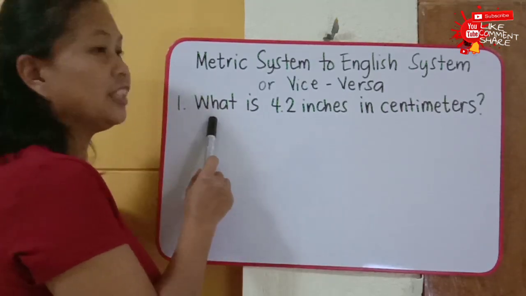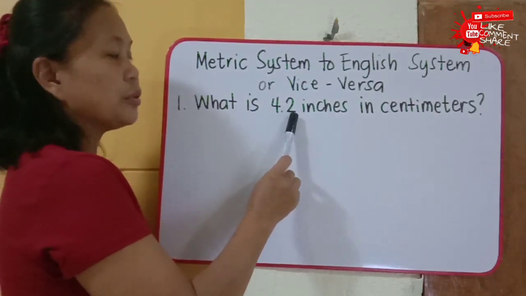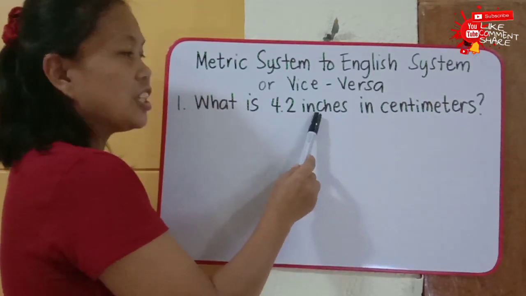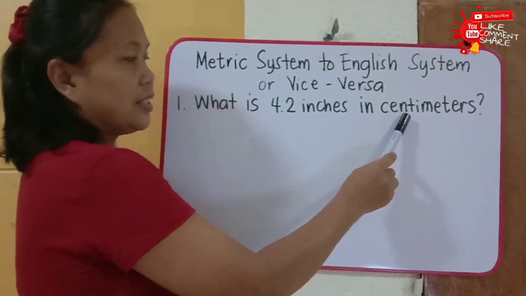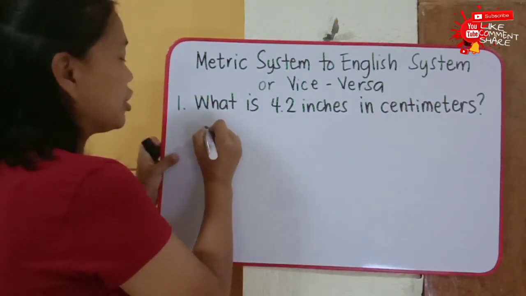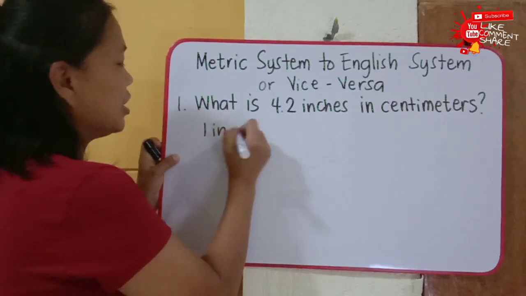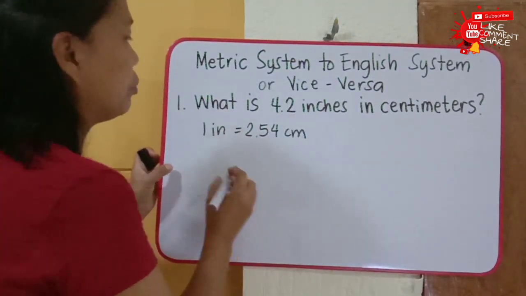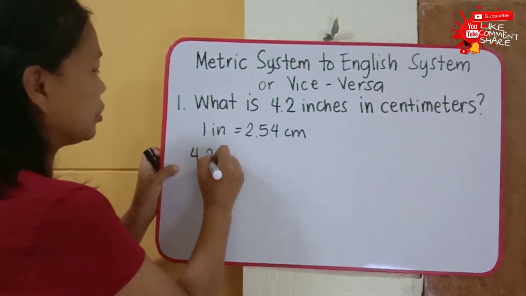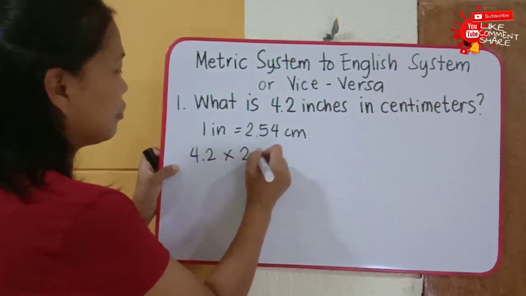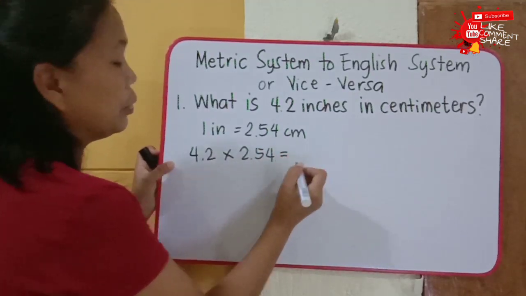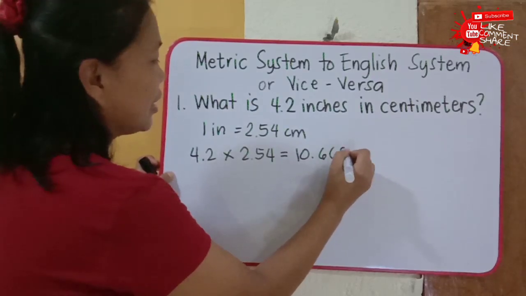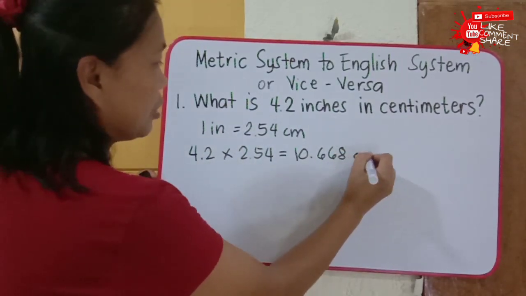Example number 1: what is 4.2 inches in centimeters? So we are converting from English system to metric system. We use the conversion factor 1 inch is equal to 2.54 centimeters. So we multiply 4.2 times 2.54, which is equal to 10.668 centimeters.